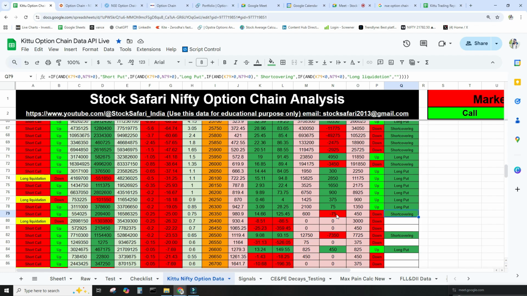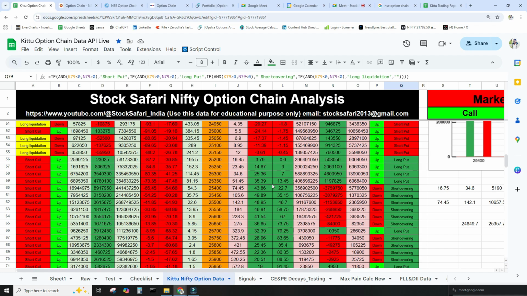For example, in this particular contract, the 25,350 contract, as of now we can see long put. People are ready to take whatever the price is, expecting some good price. Price is increasing, open interest is increasing, so automatically we see the segment as long put. But if you see the same contract below, short covering is happening.